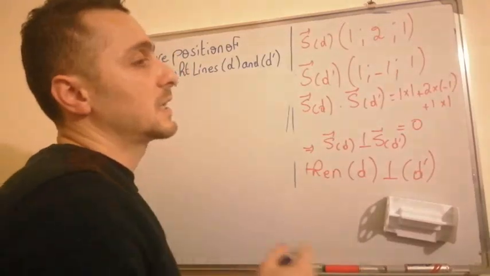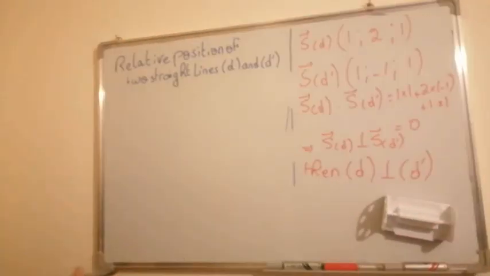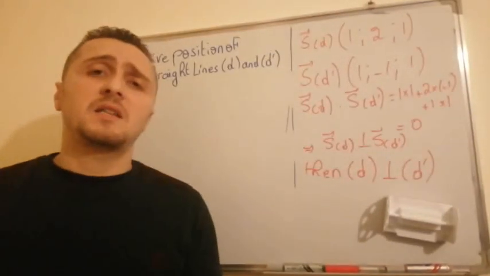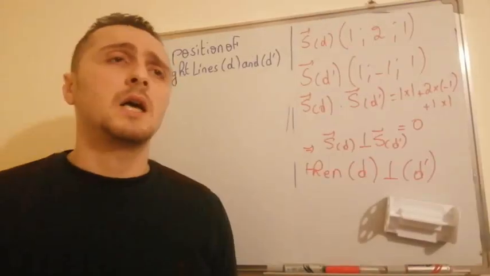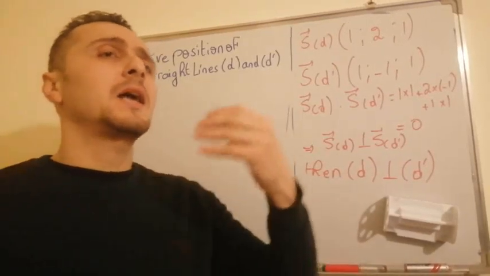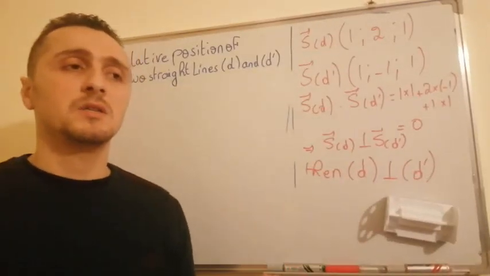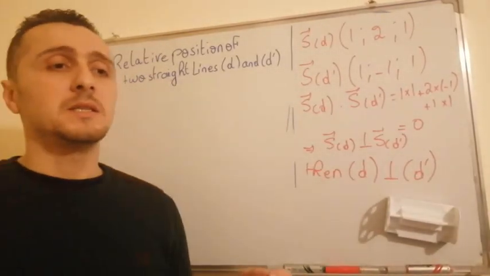So if the direction vectors of the two straight lines, I mean S_D and S_D prime, are not collinear, I mean they don't have the same direction, then we have two possibilities.